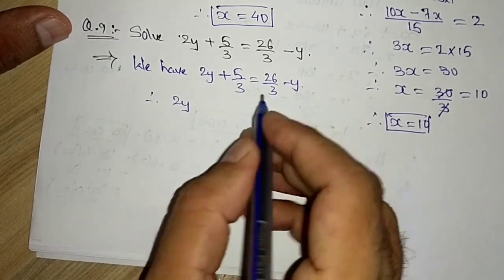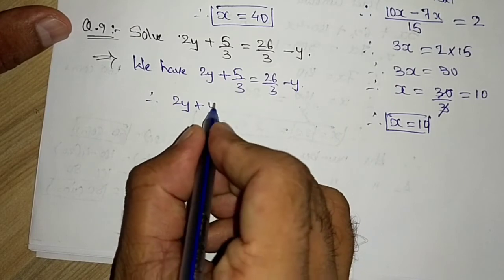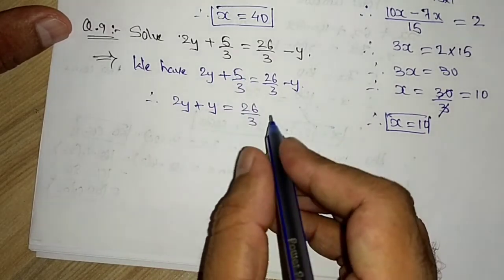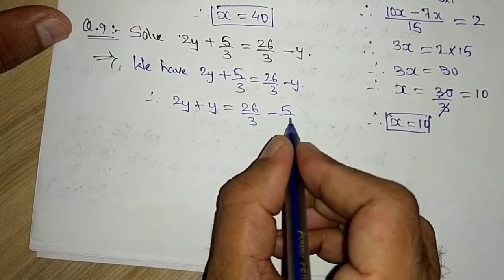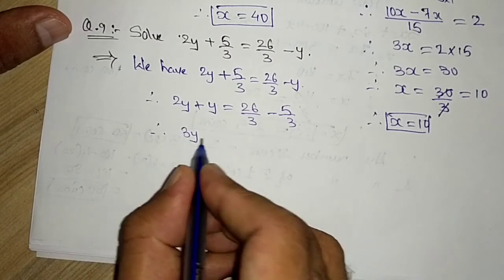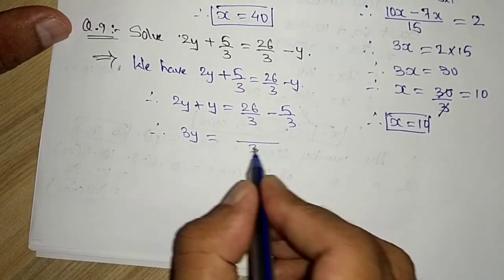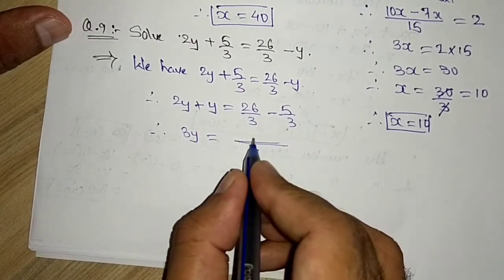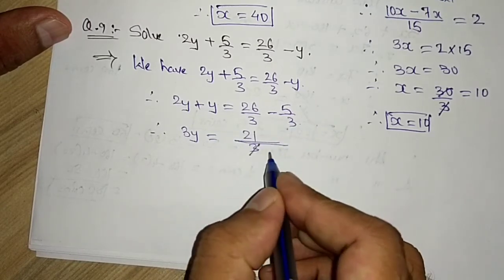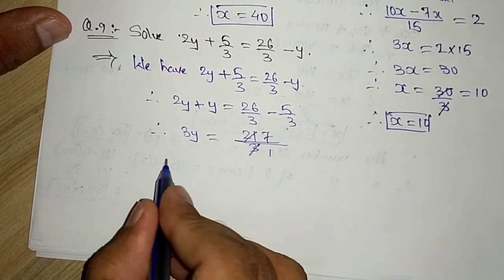2y, this minus y will come to the LHS and become plus y. 26 divided by 3, this 5 by 3 is plus, it will go there and become minus. So 2y plus y is 3y. Here the LCM is already 3, so the numerators will be subtracted. 26 minus 5 is 21, and 3 1s are 3, 3 7s are 21.